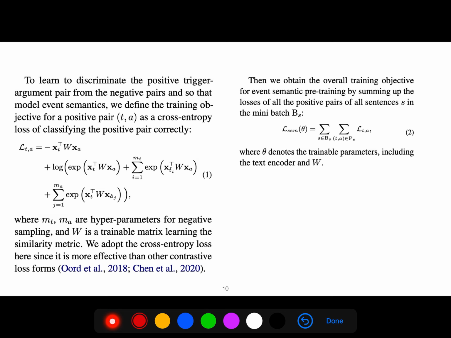We adopt the cross-entropy loss here since it is more effective than other contrastive loss forms. Then we obtain the overall training objective for event semantic pre-training by summing up the losses for all positive pairs of all sentences in the mini-batch.